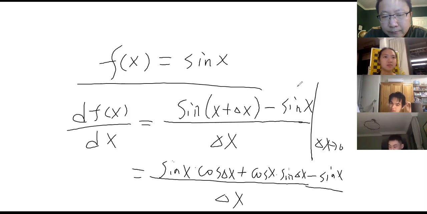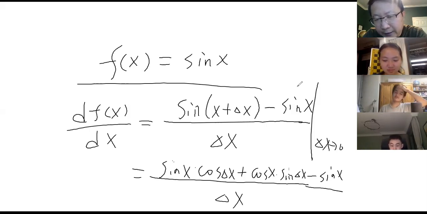Sine of A plus B equals sine A times cosine B plus cosine A times sine B. Yeah, exactly. So basically, A here is x, B is delta x. So sine of x plus delta x is sine x cosine delta x plus cosine x sine delta x.